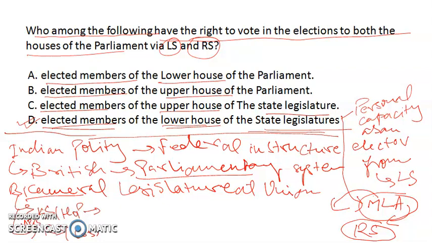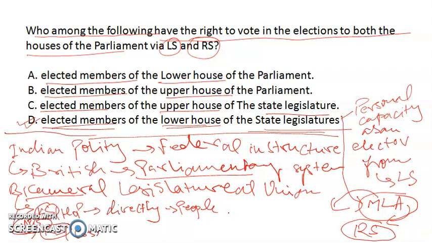So there is no distinction in their nomenclature. Both are known as MPs, but the representatives of the Lok Sabha are called MPs to the Lok Sabha, and the representatives of the Rajya Sabha are called MPs to the Rajya Sabha. And how they are elected, let's talk about. Lok Sabha MPs are directly elected by the people from the respective constituency.